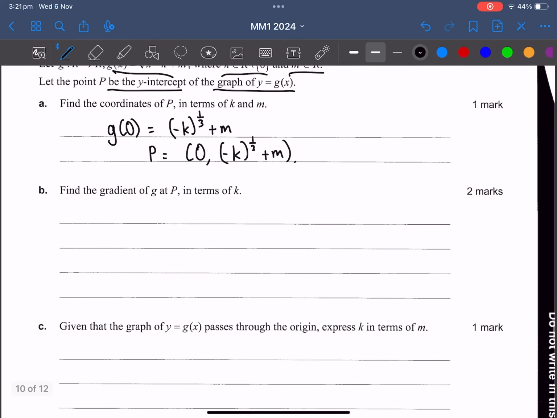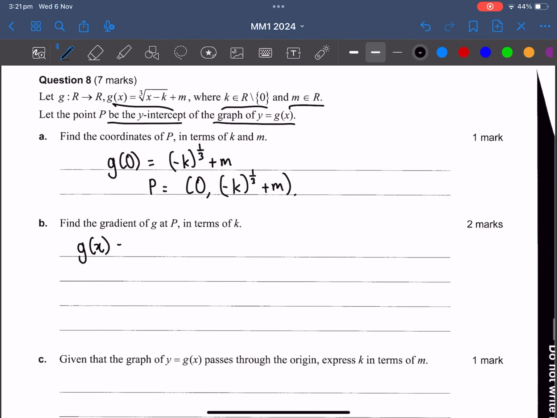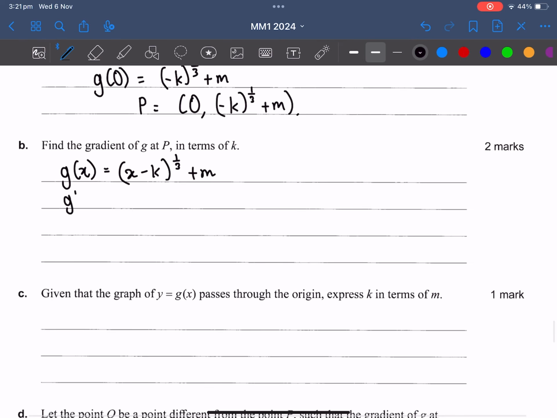Find the gradient of g at P in terms of k. We can express g as x minus k to the power of a third plus m. If you differentiate it, we'll get 1 on 3 times x minus k to the power of minus 2 on 3, times the derivative of the inside with respect to x, which is just 1, so ignore that. And plus m is a constant, so that wouldn't matter.